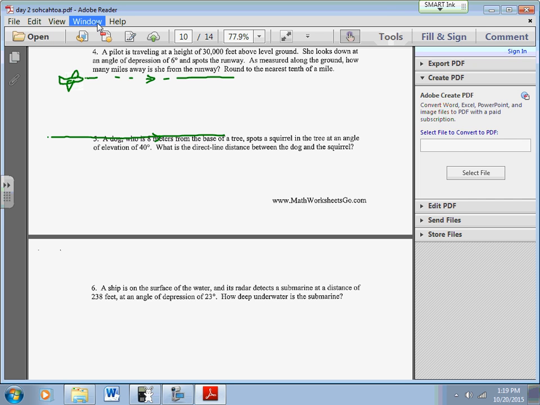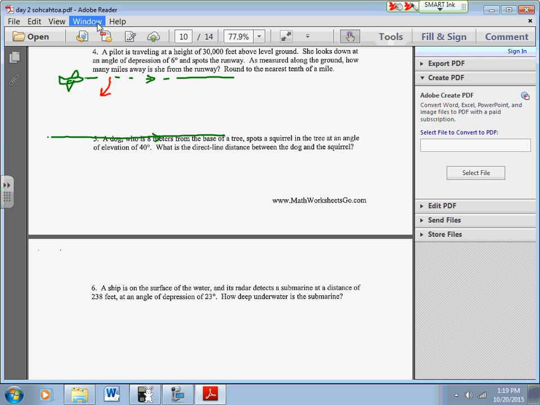So now it says, she looks down at an angle of depression. So the pilot, she looks down at an angle of depression. Look at what happens. She's flying, she looks down from this line, not from this one.